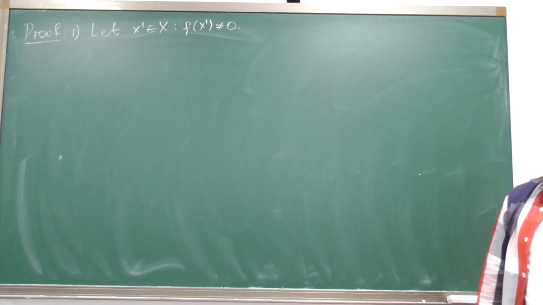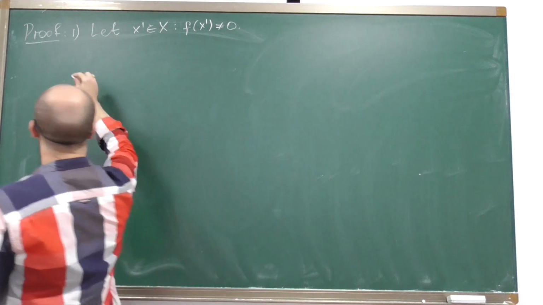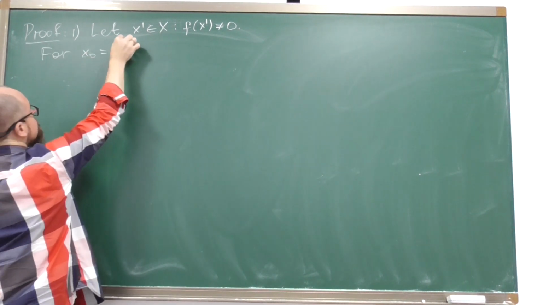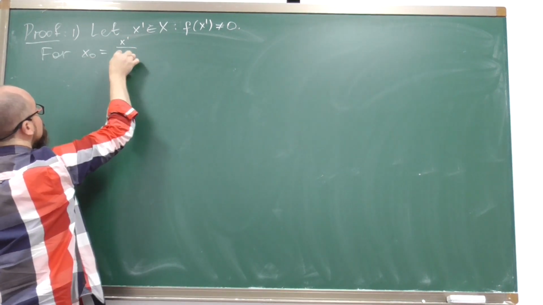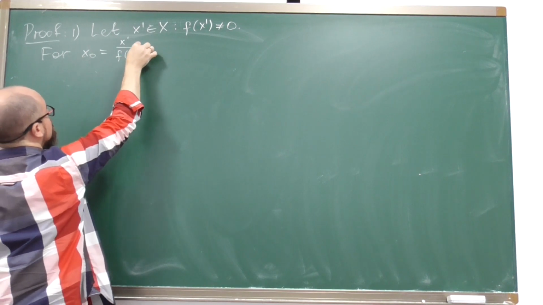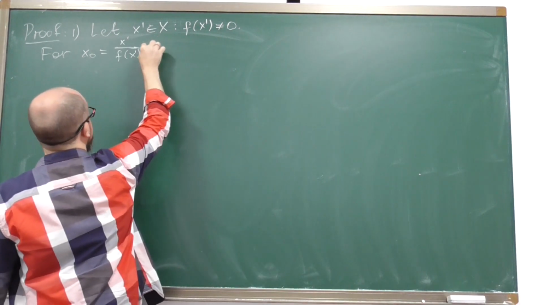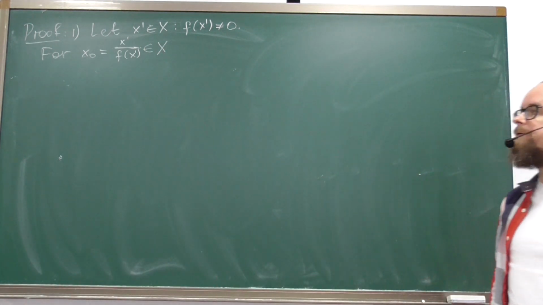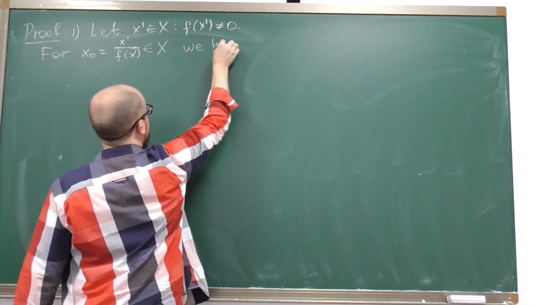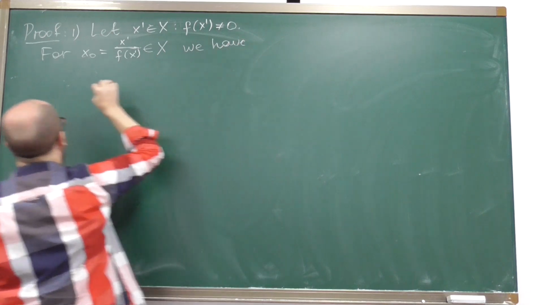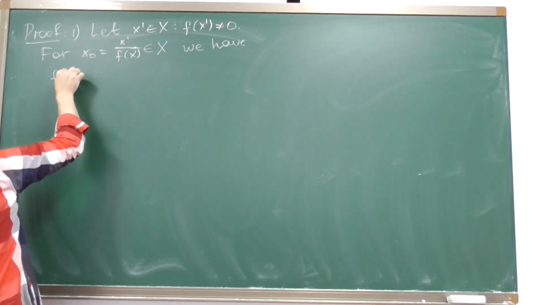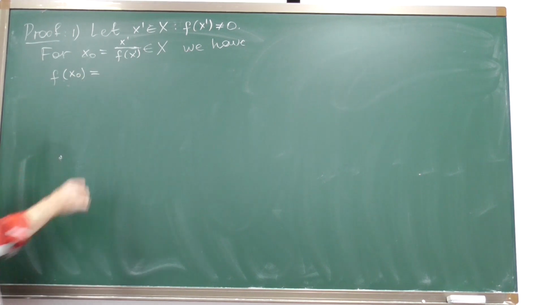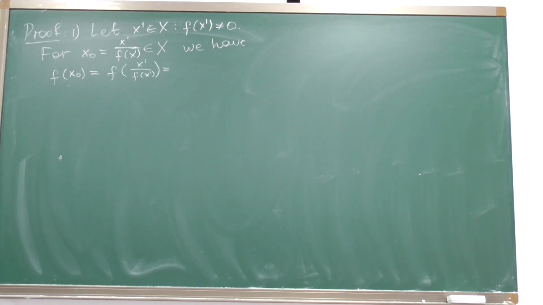And let us consider another point, x naught, which is x prime over f of x prime. This element is also in X, since X is a linear space. And for this element the value of the functional equals 1, since f is a linear functional.